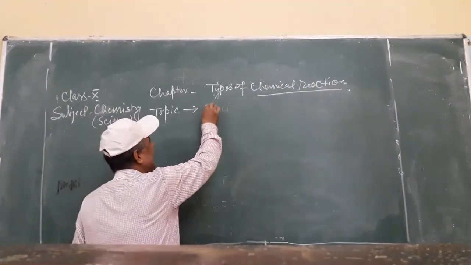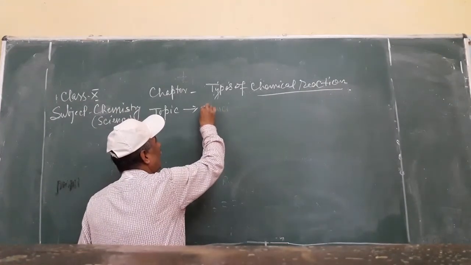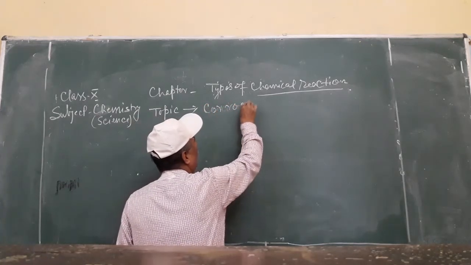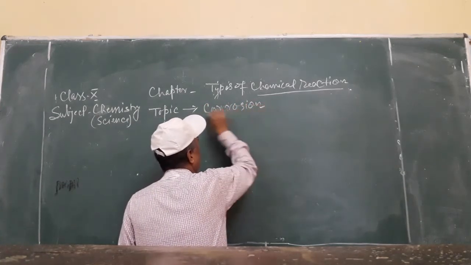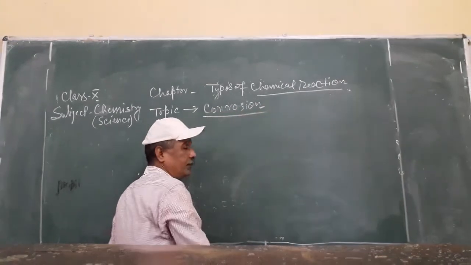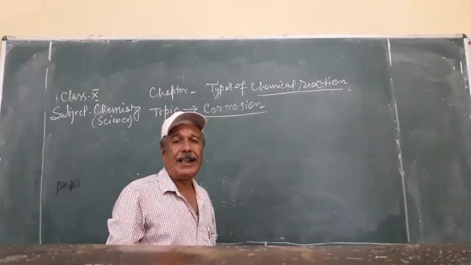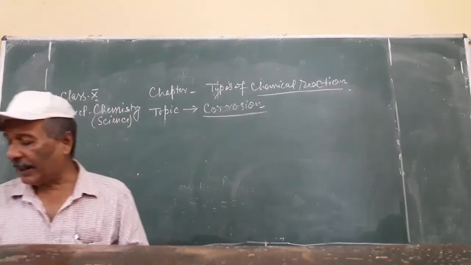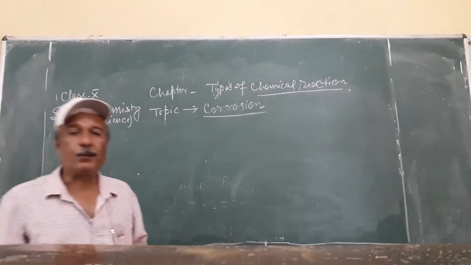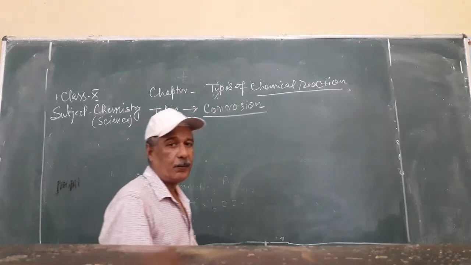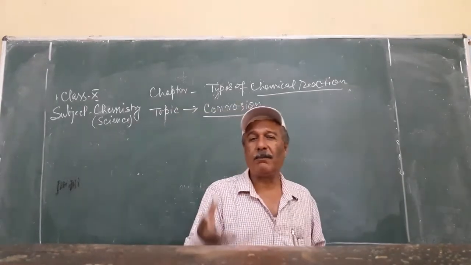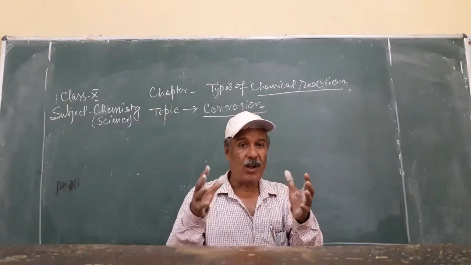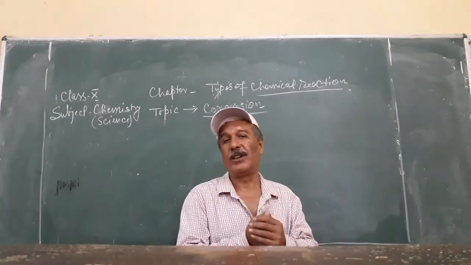Students, the next is corrosion. So really what happens, certain metals when they are purchased from the market, they have got metallic luster, that is, they have shining on their outermost surface.